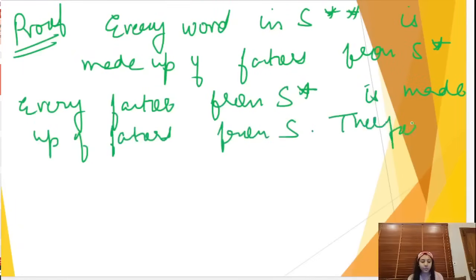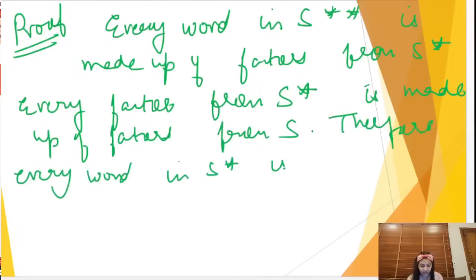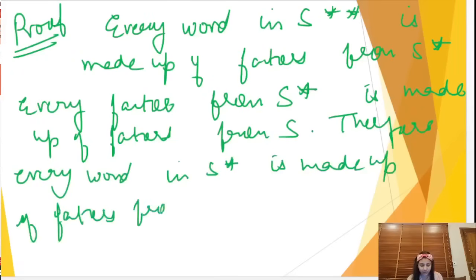Therefore, every word that we have in S star is ultimately made up of factors from S only, right? Every word in S double star is made up of factors from S star. Every factor from S star is made up of the factors from S. So from the transitivity rule, we can ultimately say that every word that we have in S double star is made up of the factors from S only, right?